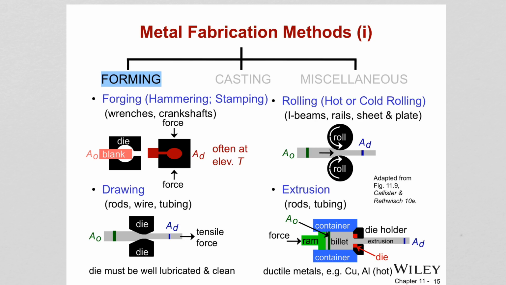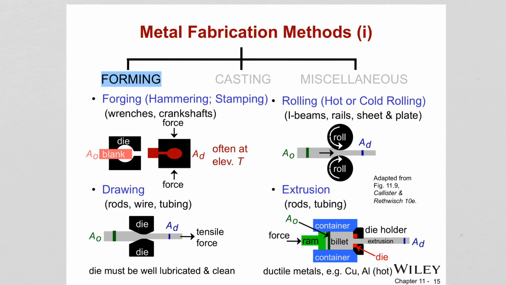Okay, so fabrication techniques, the book divides them into 3 categories. One is forming. Forming includes forging, like hammering, and drawing, rolling and extrusion, which we're going to see, and there is casting, and some other miscellaneous techniques such as welding and powder metallurgy.